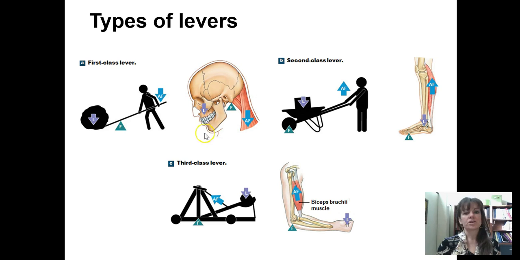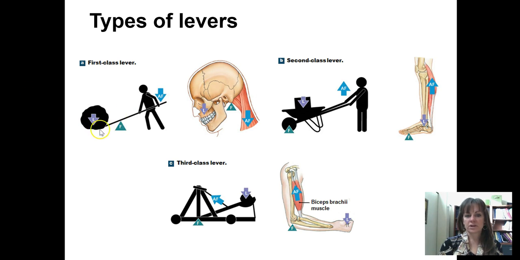Okay, so just to show that in an image here, right here, fulcrum, mastoid process. Okay, the load is this whole part of the skull that's being pulled up. And the applied force is these muscles here on the back part of the skull that are pulling up. So what I want you to notice is the placement of load, fulcrum, and applied force. And this is a cartoon representation, maybe showing you something that you're more familiar with, that's easier to relate this movement to.